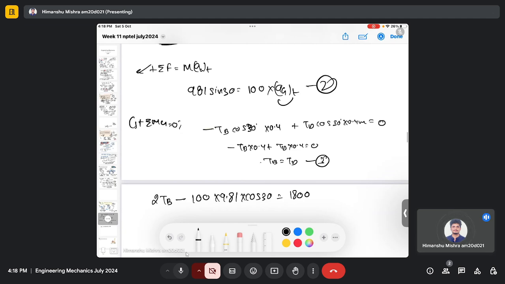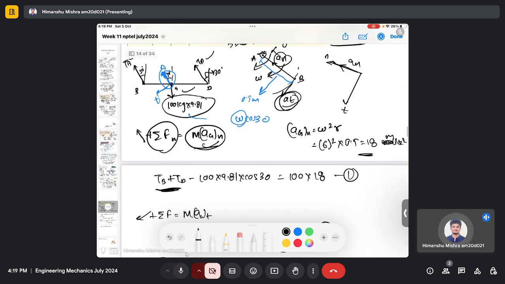So this summation of moment is 0 because there is no angular acceleration of point G here. Even though there is an angular acceleration and angular velocity of rod AB, point G is actually moving in a translating direction. It is translation and not rotation, because it is constant at points B and D. It is either moving to the right or to the left.